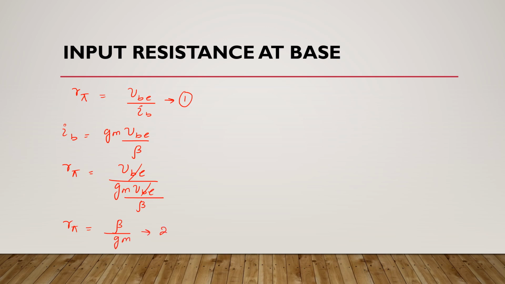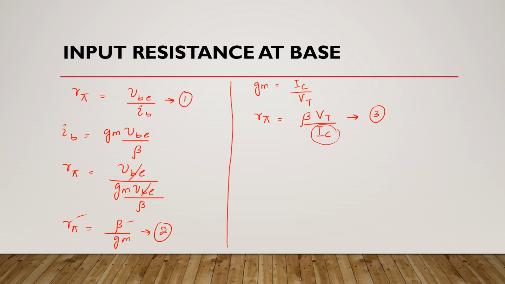This is equation number 2, and as you can see here, this resistance is directly proportional to beta. It means it is directly dependent on beta. Now we know that transconductance gm is equal to IC divided by VT. So equation number 2 becomes r pi is equal to beta VT divided by IC. This is equation number 3. According to this equation, this resistance is inversely proportional to the DC collector current.